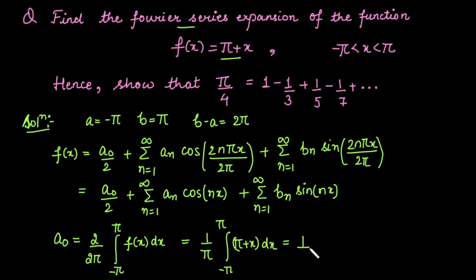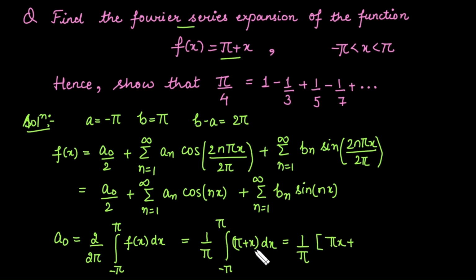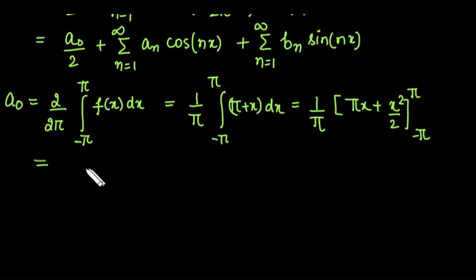This is equal to 1 upon pi. Integration of pi is pi x plus integration of x, that is x square by 2. Limits are minus pi to pi, which is further equal to 1 upon pi. Substitute upper limit, that is pi.